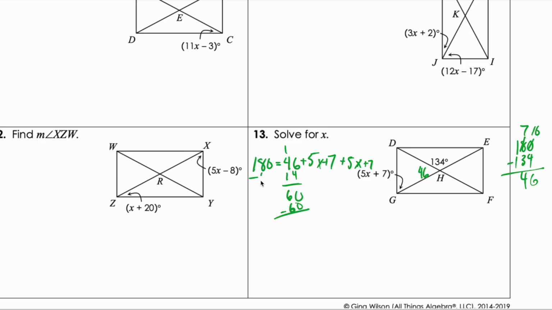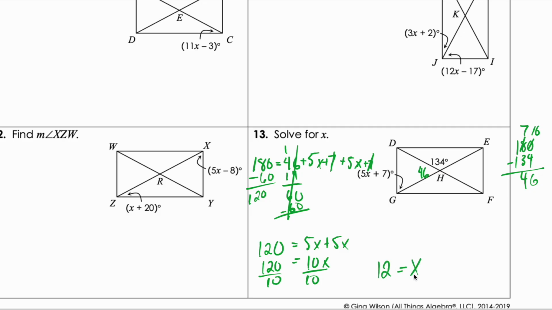So now I have 120. So I was able to take care of my 7s and my 46. So now I have 120 equals 5x plus 5x. Well, that's going to be 10x. Divide by 10 on both sides. So now I have x equals 12. So I just solved for x.